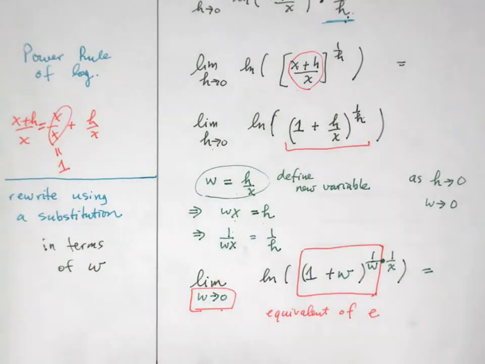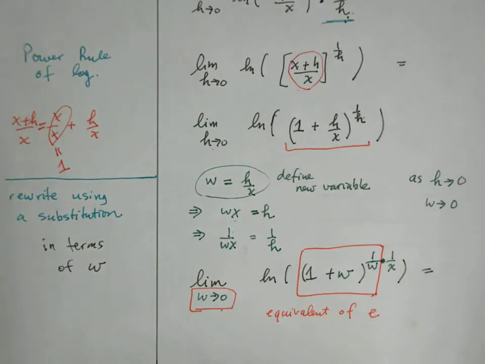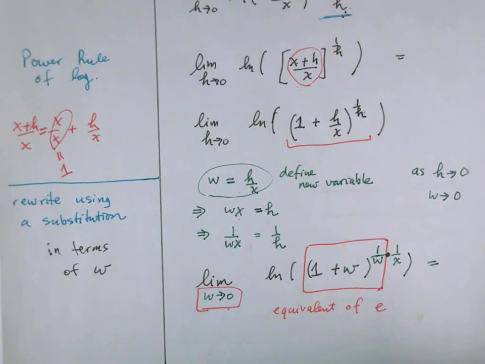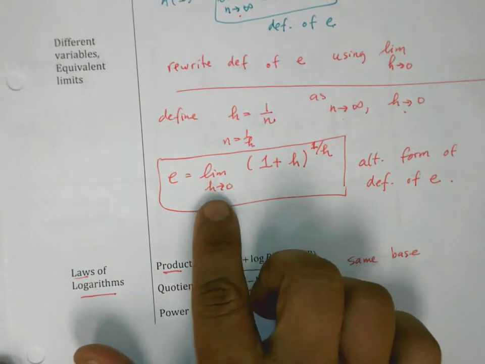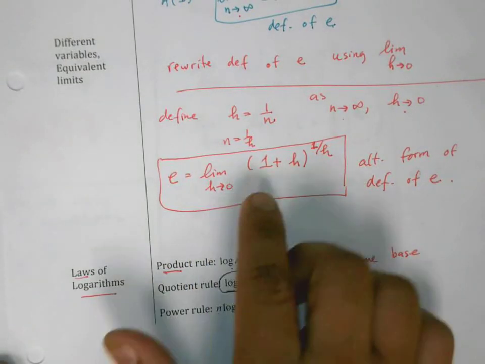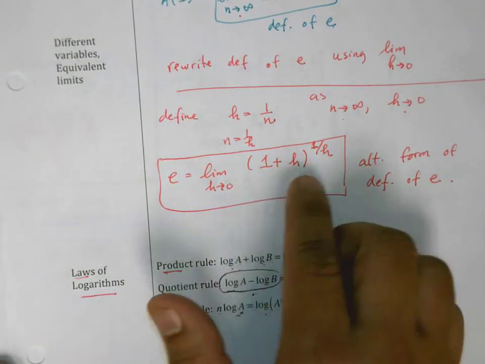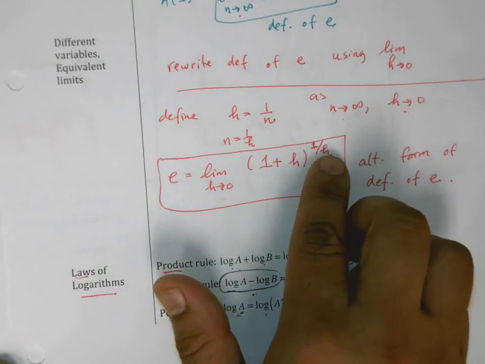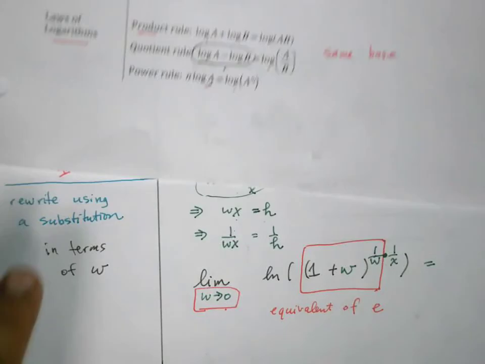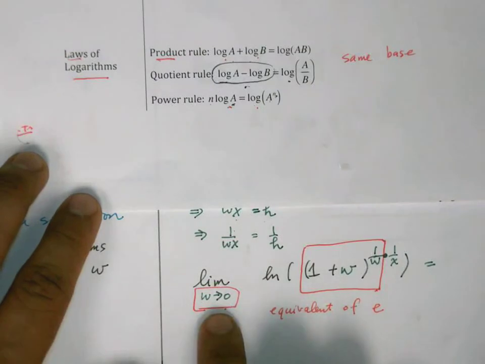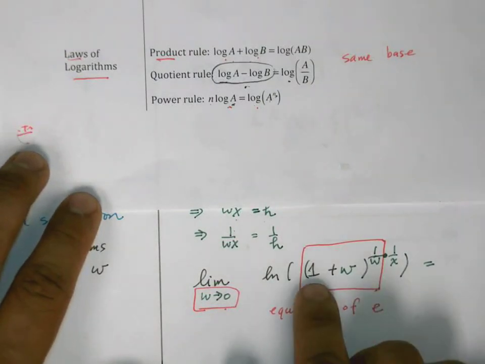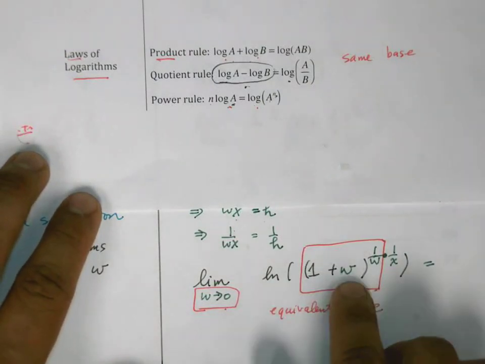So let's look back at the statement of e here. e is the limit as some variable approaches 0 of 1 plus that variable raised to the power of 1 over that variable. So we have exactly the same thing here.